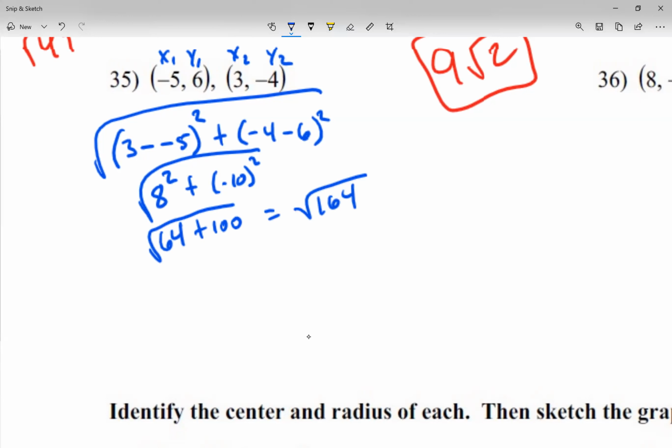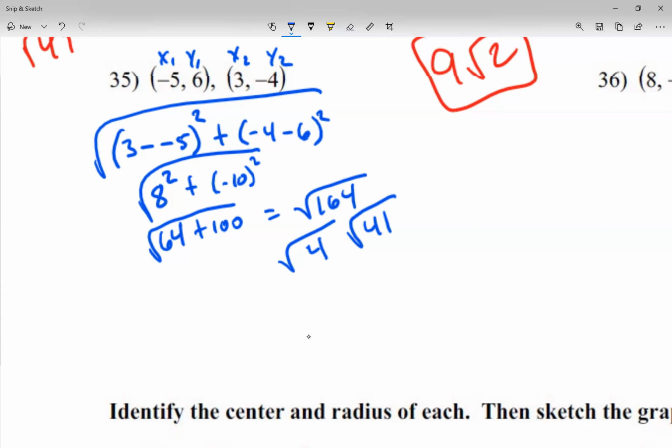Then I ask myself, can I simplify? Yeah, I can break this into 2 square roots. And I'm thinking, all right, one of them has to be from the perfect squares. And I ask myself, how about 4? 164 divided by 4 is 41. All right, so I guess that's my other number. 4 times 41 is 164.